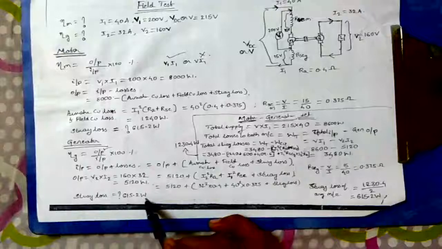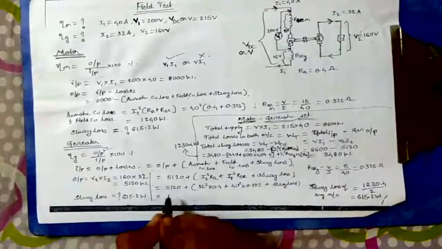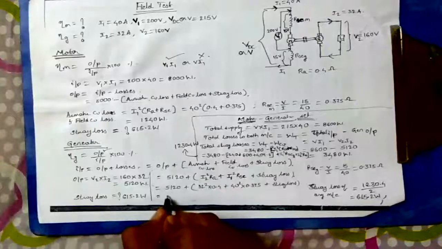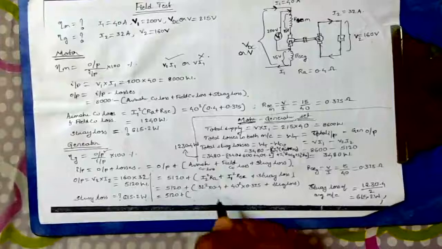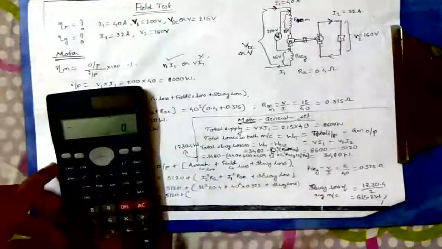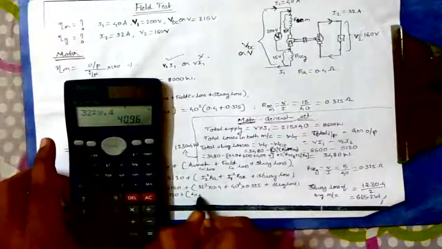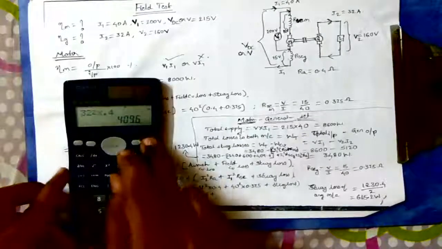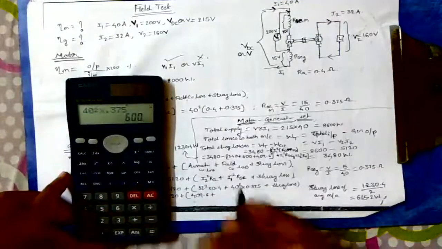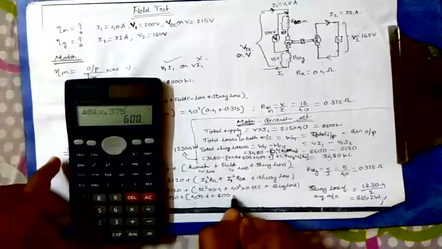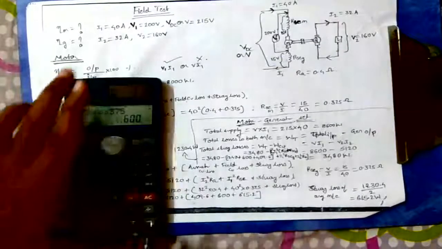Now once you get the stray loss, you can do the remaining part of the problem. I left the generator part here, so I shall add this 5120 and 32 square into 0.4, which is 409.6, and 40 square into 0.375, which is 600, and the stray loss is 615.2.